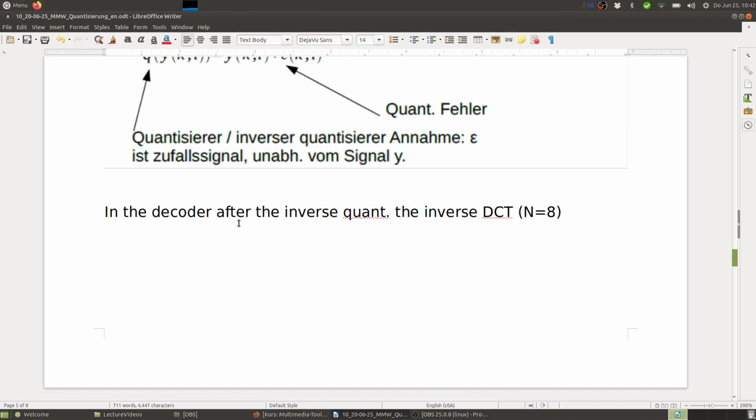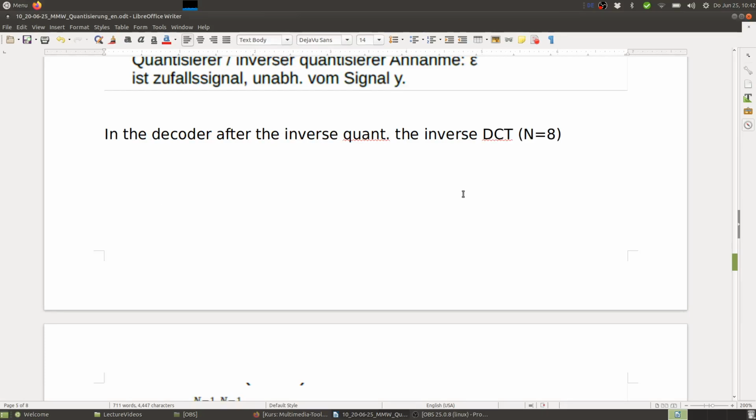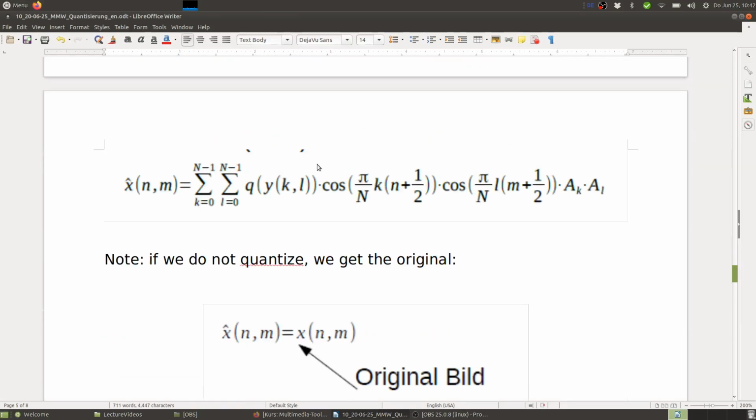Yeah, so in the decoder, after the inverse quantization, we have the inverse DCT. So this is the inverse DCT, for instance, for capital N equals 8. So here we have the dequantized values in the decoder, and then we apply the inverse DCT here.